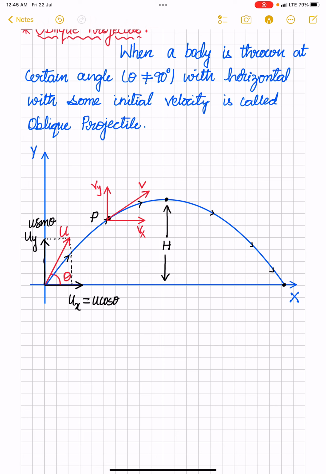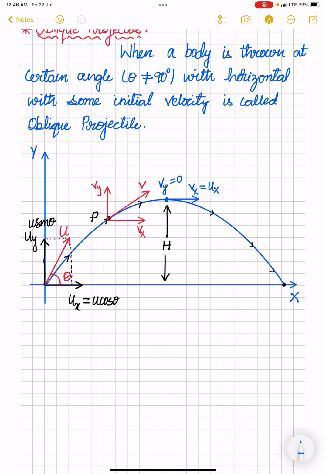So at this maximum height, that is the maximum position along the y-axis, the vertical component of velocity is going to be 0, and only one velocity will exist, and that is along the x-axis, that is horizontal. Only Vx will exist over here, and Vx is also parallel to Ux, as you can see from the figure. So Vx can be directly written as Ux.